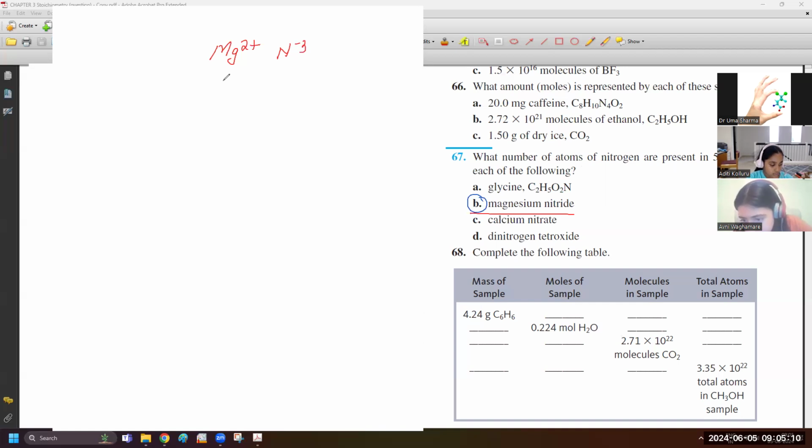Avni, you're right. Keep going on, Avni. Don't slow down. Okay. Now what is next? Keep typing here. What's the formula, Aditi?